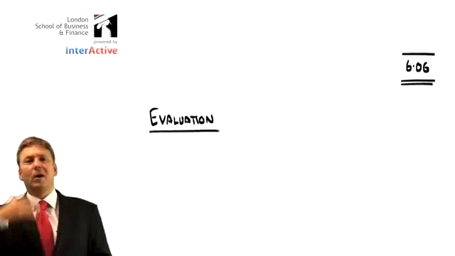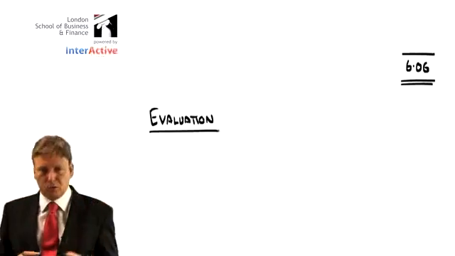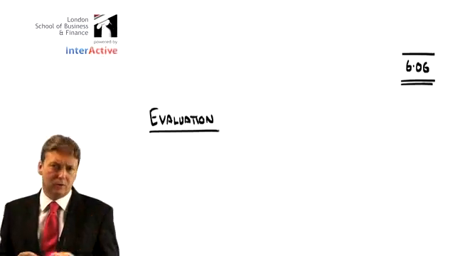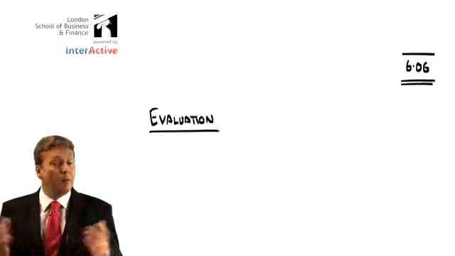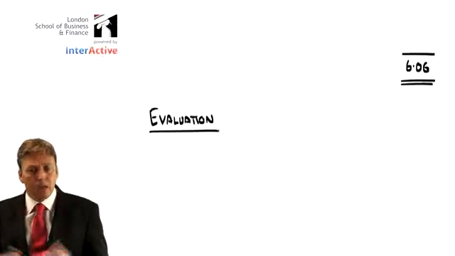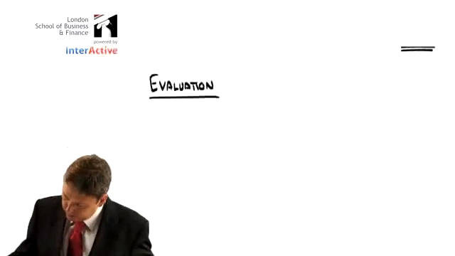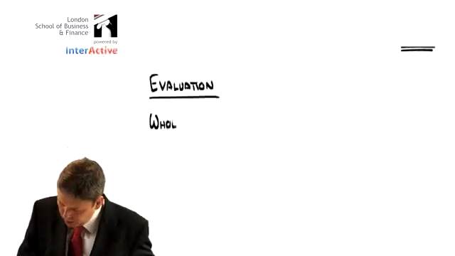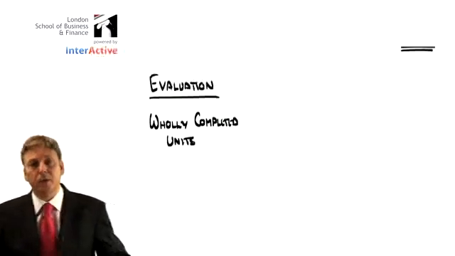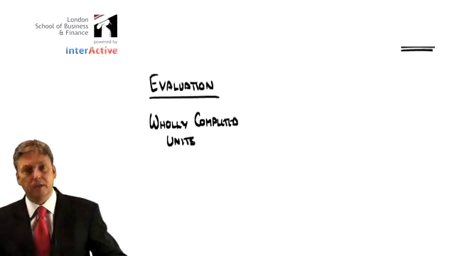If you think back to my inputs and outputs working, we had 2 inputs and 2 outputs. When we're evaluating, we want to value those outputs, don't we? So, if we were to look at the wholly completed units, what do we know about our wholly completed units?